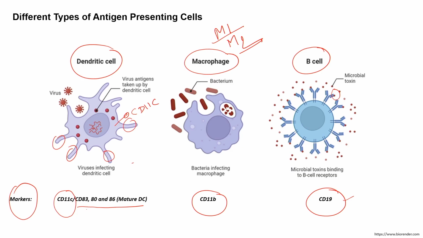M1 can be pro-inflammatory, it can enhance the inflammation. So, M1 macrophages express a different kind of protein on their surfaces, while the M2 macrophages are anti-inflammatory, so they can respond against the inflammation. The first one is pro-inflammatory and M2 is anti-inflammatory.